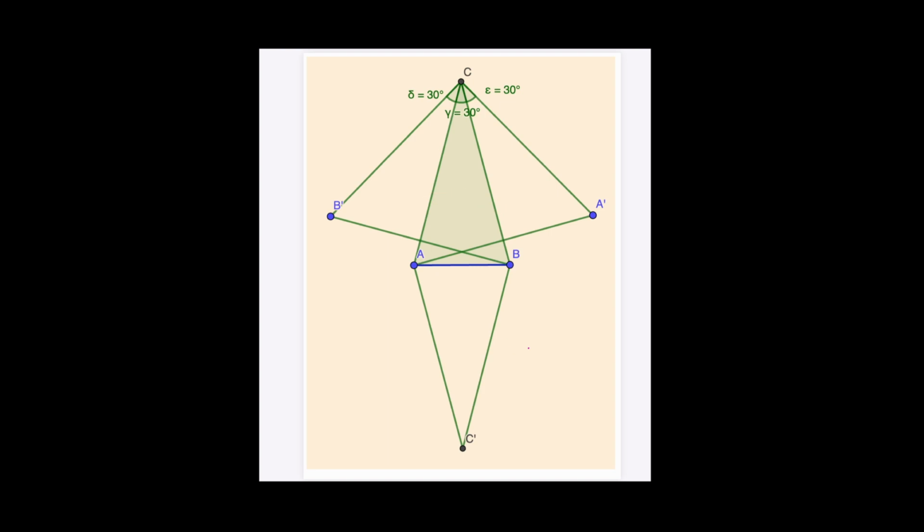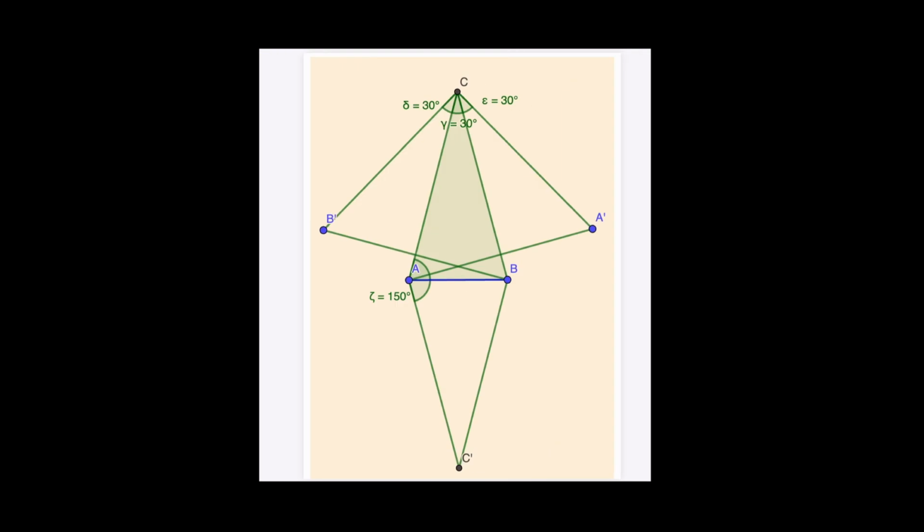But what about the angles though? Well, recall that this angle was 75. So let's look at the angles carefully. This is 75, and when you reflect, this also is 75. And this entire angle is 60. This entire angle from here to here is 150.